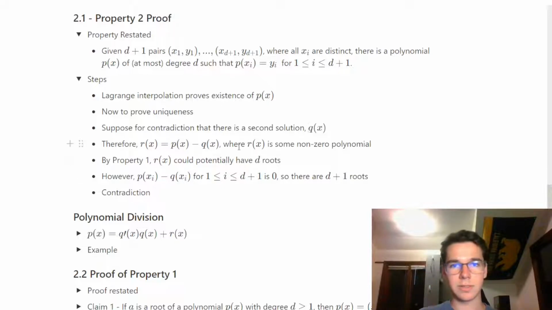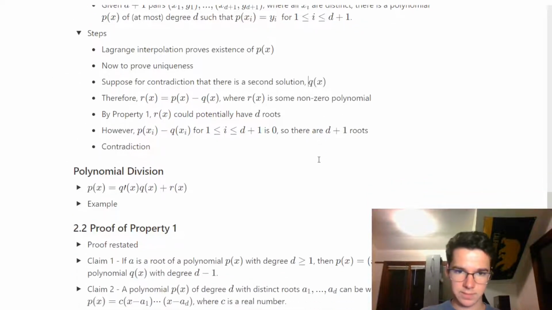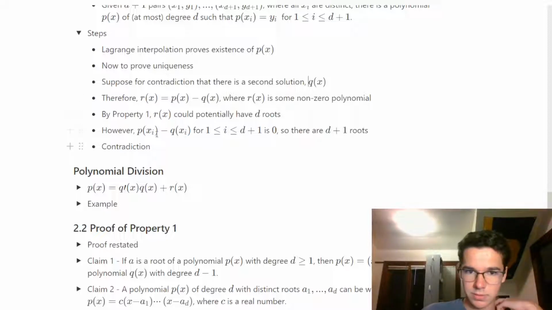If there's two different solutions, maybe say the degree is degree 2, right? Maybe one solution has p of x being 2x squared and q of x being x squared. So if we subtract them, we would get r of x, which would be x squared, which could potentially have the same number of roots as both p of x and q of x. So this is saying that they have the same number of roots.